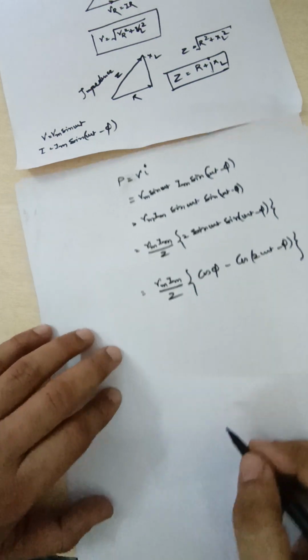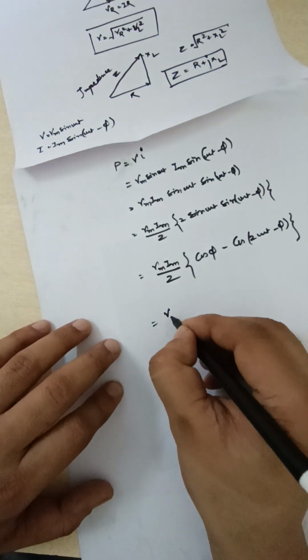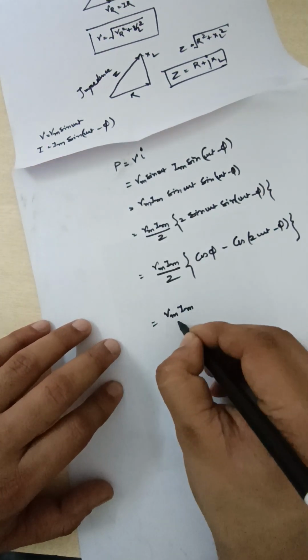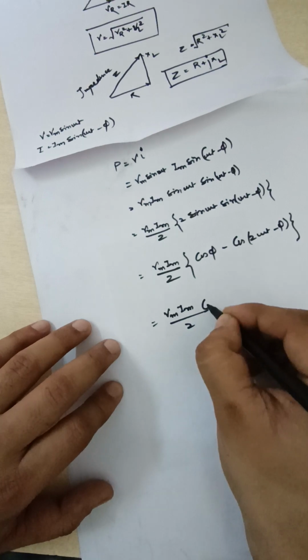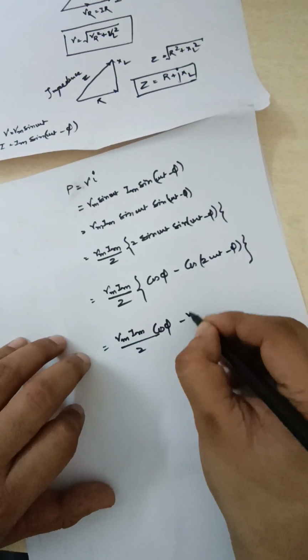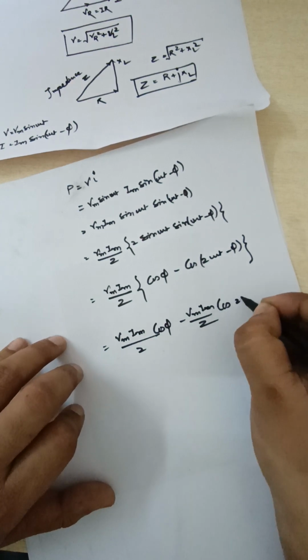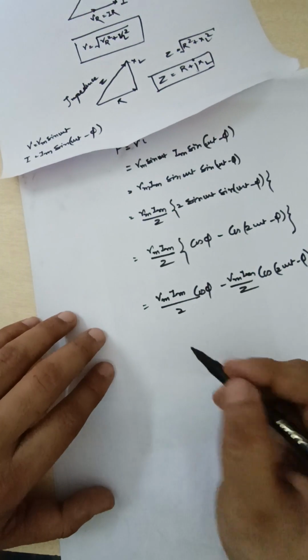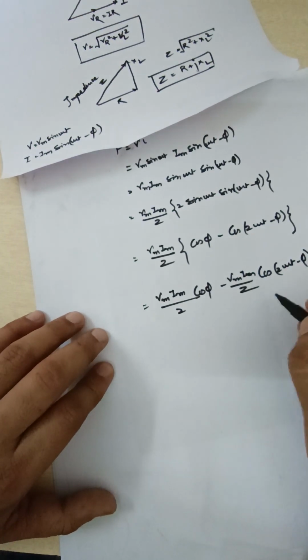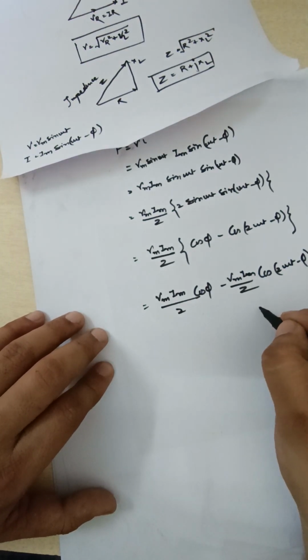So this will be the expression. So the power has two components, Vm Im by 2 cos phi minus Vm Im by 2 cos 2 omega t minus phi.